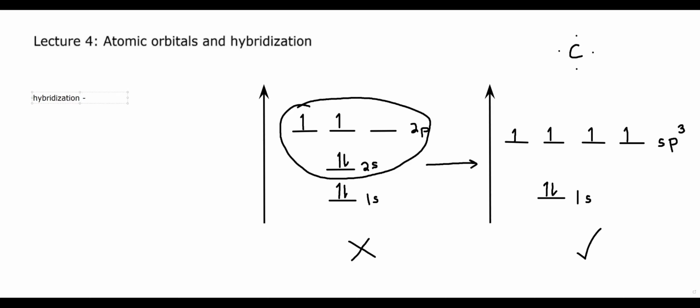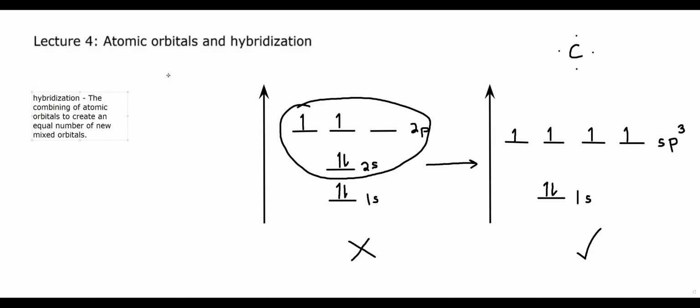So when we consider hybridization, this is the combining of atomic orbitals to create an equal number of new mixed orbitals.